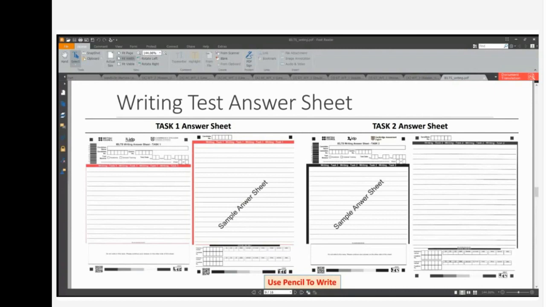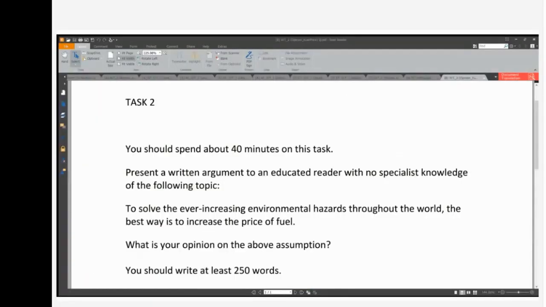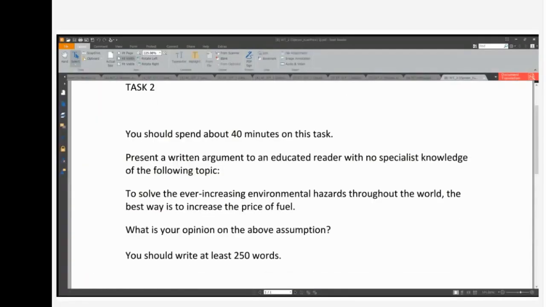Okay, now we are gonna discuss another type of writing task 2 question. Yeah, so this is the question we have in front of us now. You should spend about 40 minutes for this task.